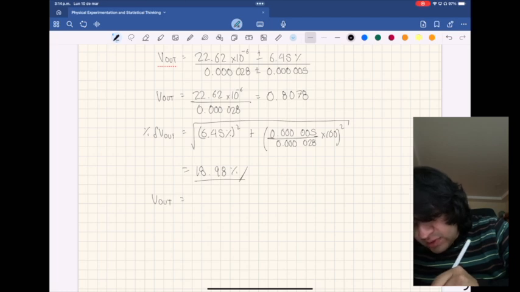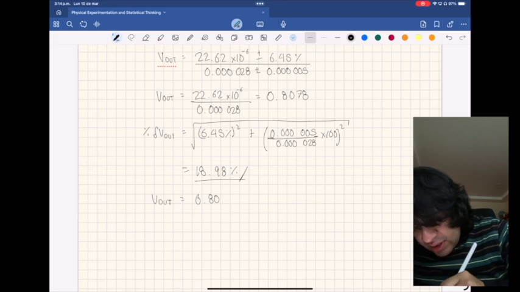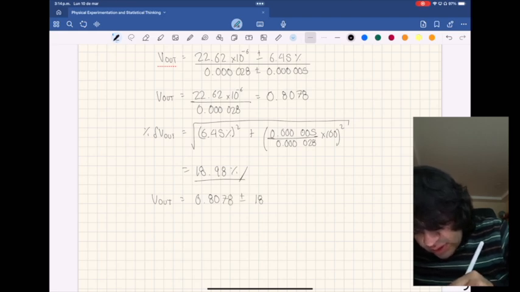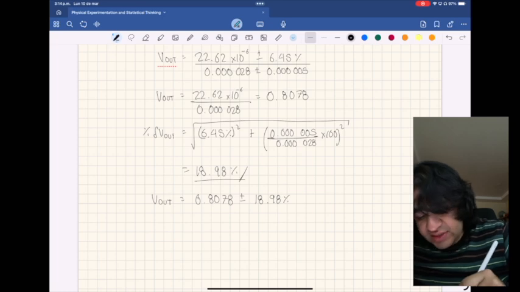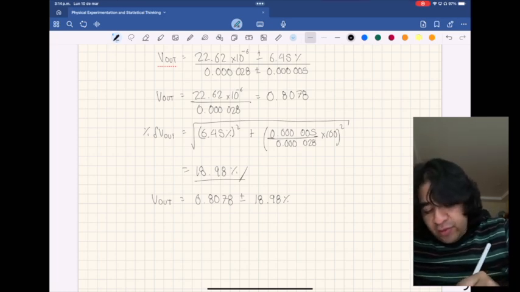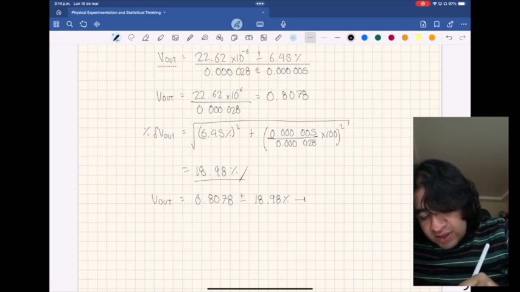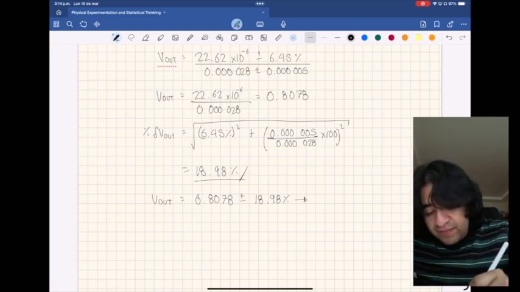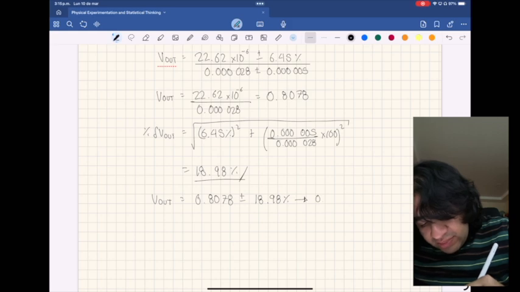Which becomes 0.8078 plus minus 18.98%. And if we want to write this as an absolute uncertainty, we multiply the percentage with the original quantity.